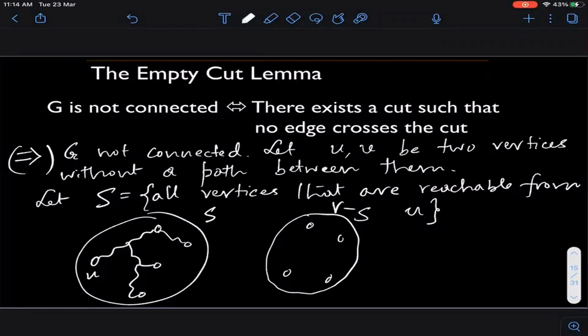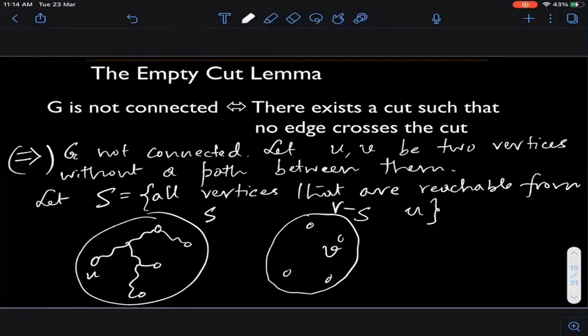Okay. So which vertex is necessarily in V minus S? How do I prove that V minus S is actually non-empty? No, not U. U is on left hand side, right? So it's V. Yeah, and this is very, very important. So remember, जब भी आप कोई proof करते हो, तो हमेशा go back to the statement that you started with. So you started with the fact that G is not connected.